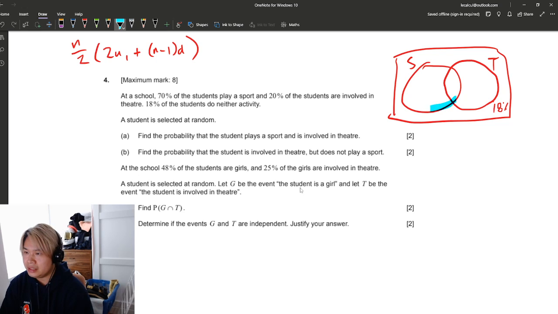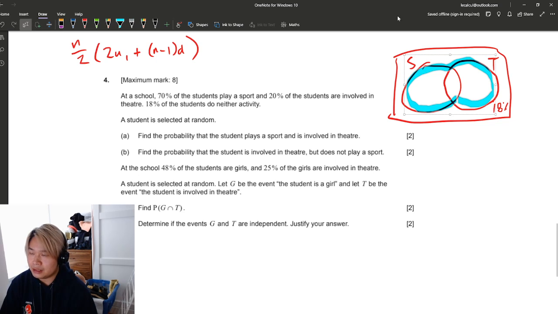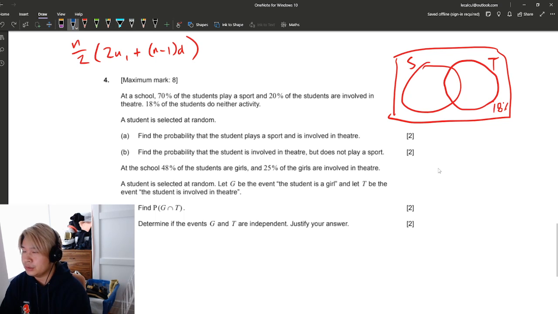So between both the sports and theater people, there should be, well, the difference between 100 and 18. So what is that? 82?